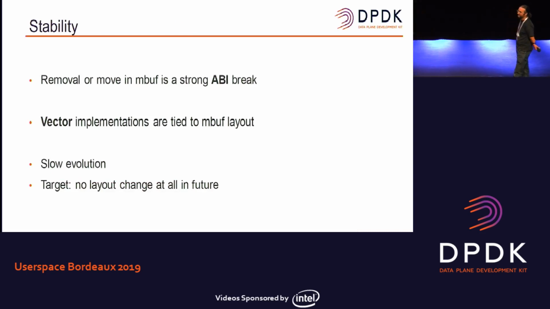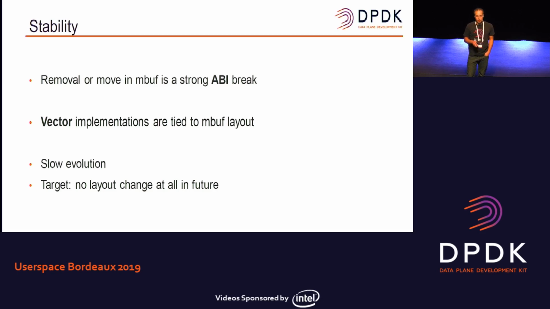So there is one more, I would not say it's a limitation, but something we must take care of. We really want to improve the stability of the ABI and API in DPDK. And the problem is that if we need to move a field in mbuf or remove one field for any reason, because we lack some space, then we will break everything.